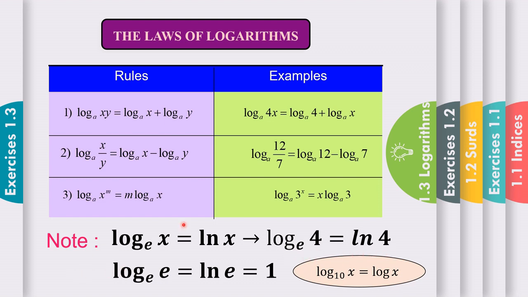And then let's say if you have log e base e, this is equal to ln e, and if the base and the number are equal, this is equal to 1. Okay, so basically log x is equal to log x base 10. Okay, that's all.